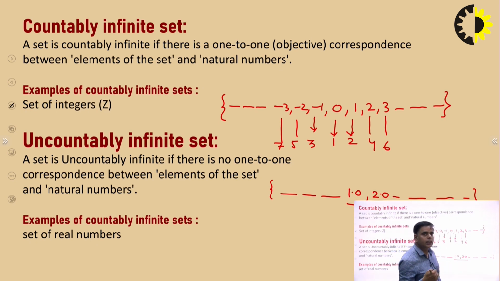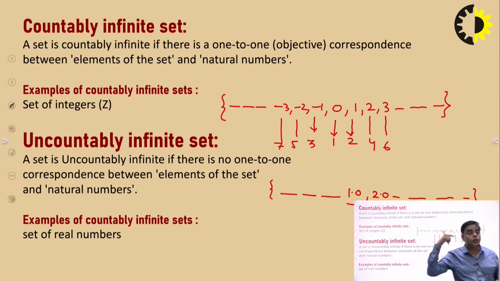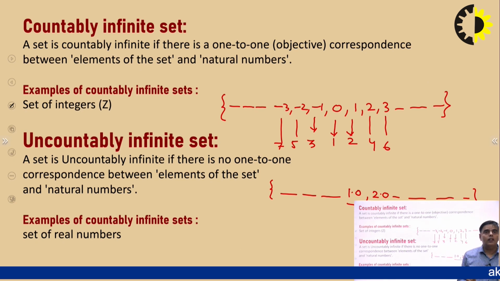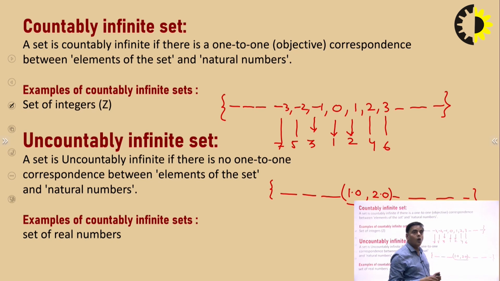The important thing is this. In the case of real numbers, you can visualize that the numbers existing between 1 and 2 are infinite. Between two numbers there exist infinite numbers. So if you try to map it with the natural numbers, all the natural numbers will be consumed between these two numbers, and still the set is large.